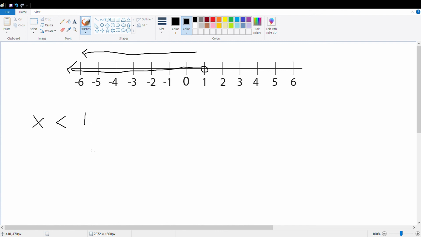If our equation is x is greater than or equal to 3, it's going to be all of the numbers to the right of 3, including 3 itself, because it's greater than or equal to 3.